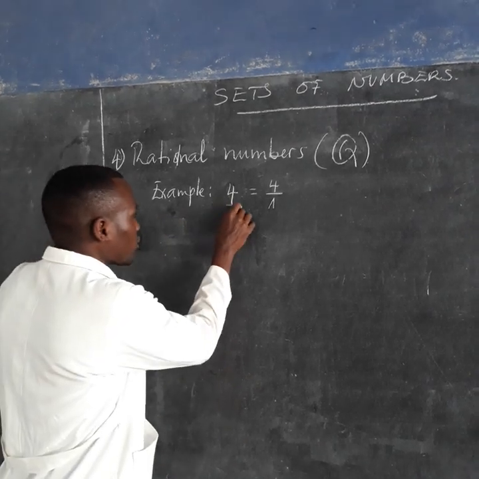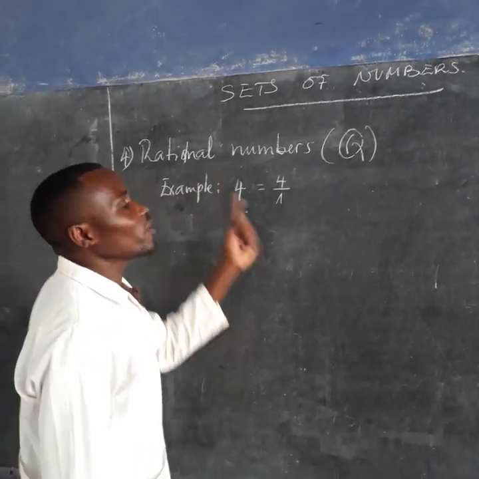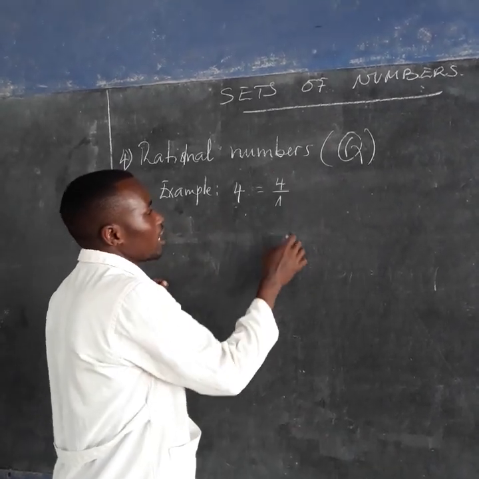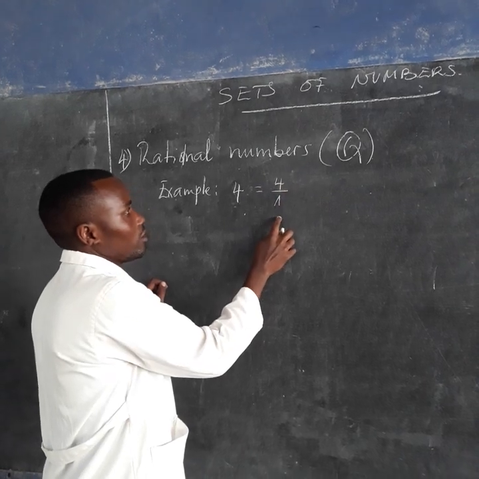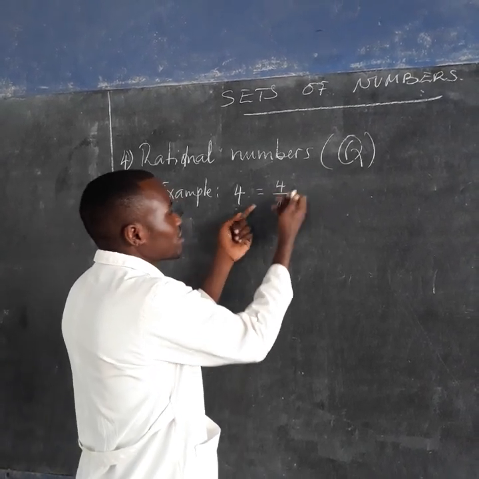But this is a natural number. It is also a whole number. It is an integer, but it can be written as a fraction. So this is a ratio as 4 over 1 or 4 to 1. This number is a rational number because it can be written as a fraction.